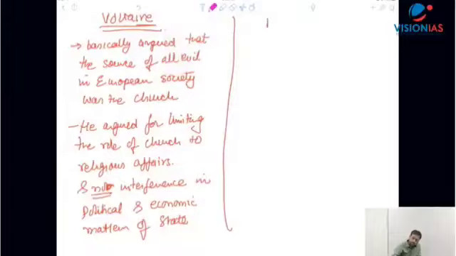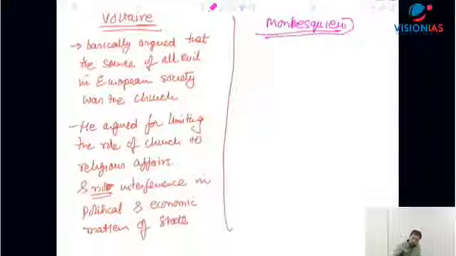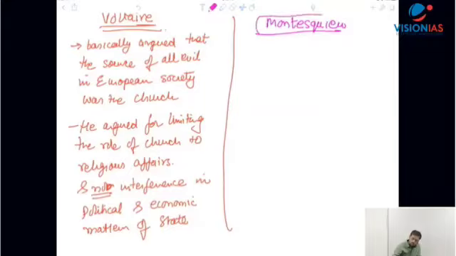And finally, what is Montesquieu's argument? Montesquieu is saying that the problem is not simply the state, or the monarch, or the absolute monarch, nor is the problem simply that of the church.